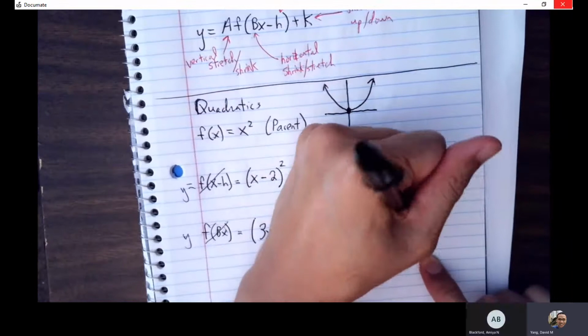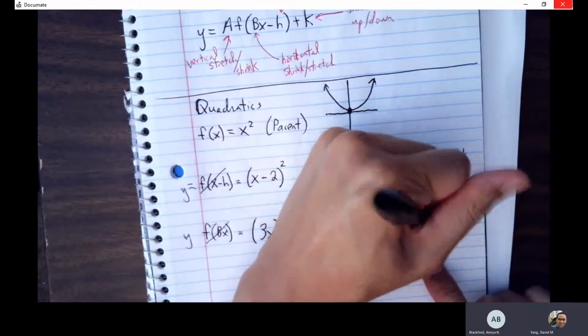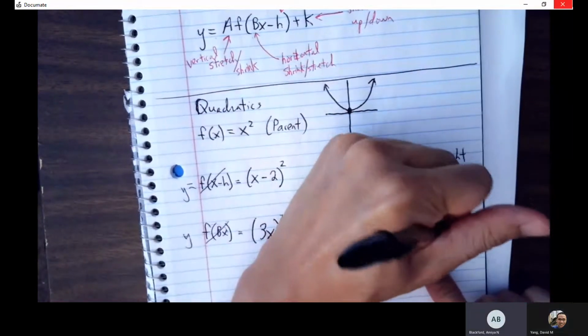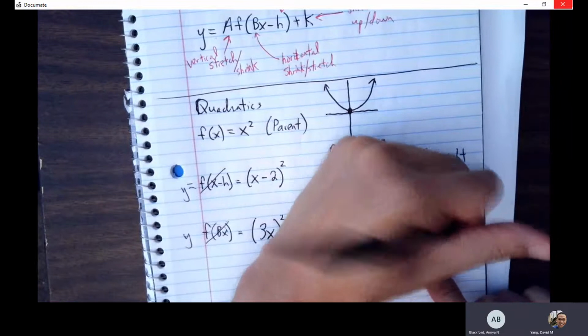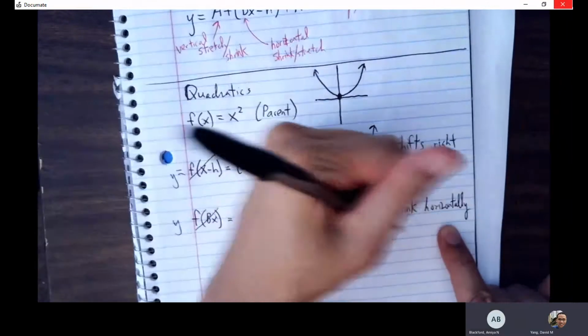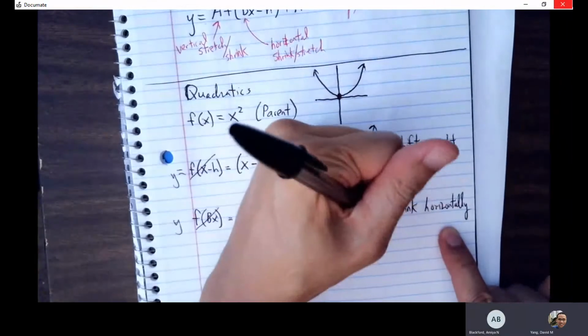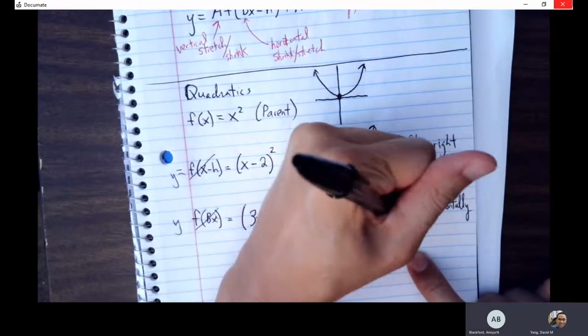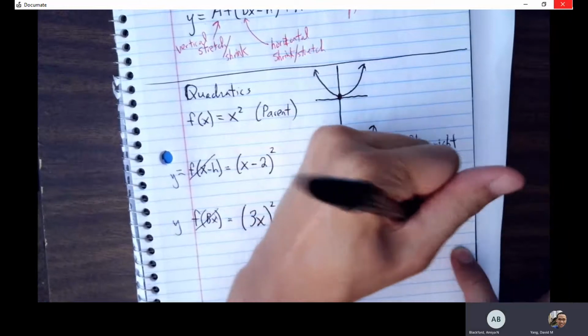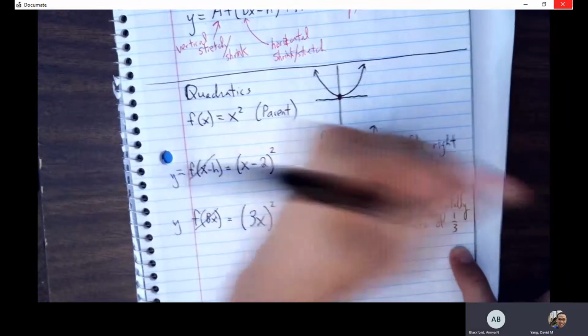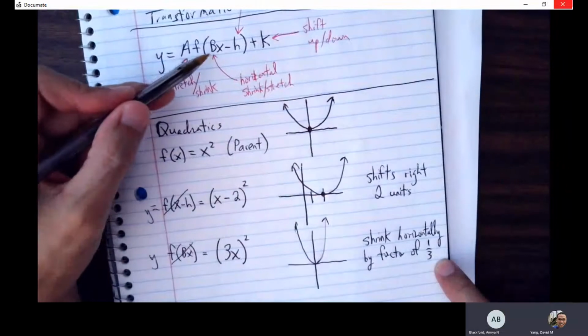So we say shrink. And there are rules here that you can check out, but it's going to shrink horizontally by a factor of 1/3. Everything is kind of opposite. That b is a little bit strange. It's always going to be the opposite.